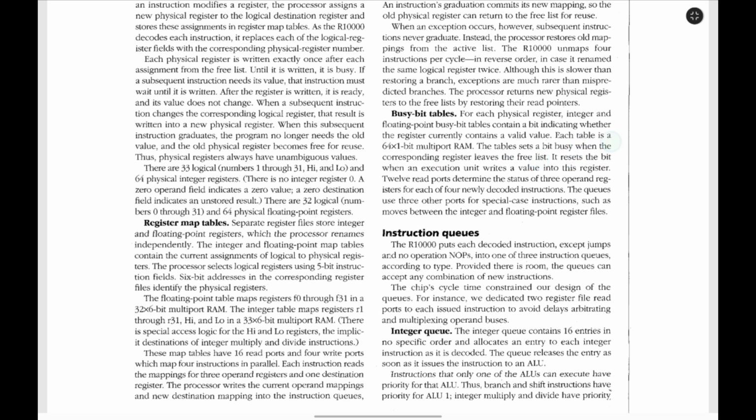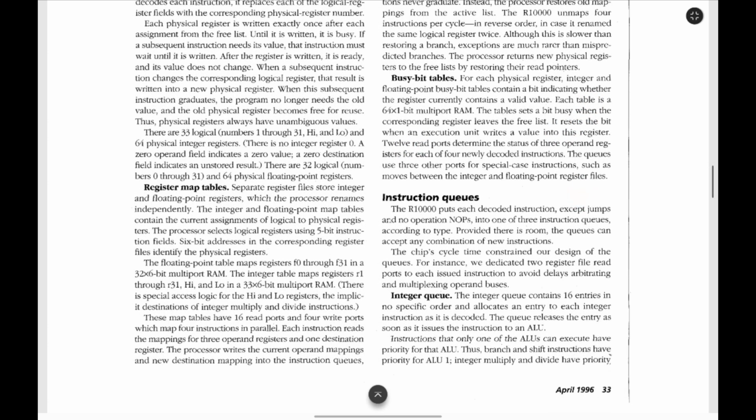They reset the bit when an execution unit writes a value into this register. 12 read ports determine the status of the 3 operand registers for each of the 4 newly decoded instructions. The queues use 3 other ports for special case instructions, such as moves between the integer and floating point register files.